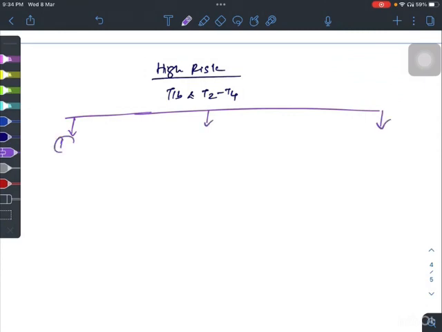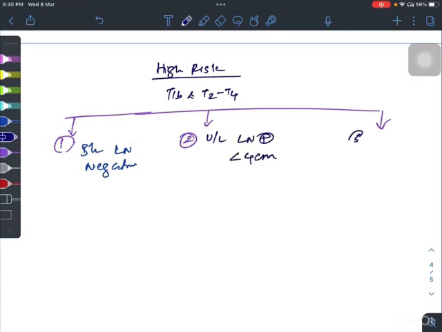The first possibility is that bilateral lymph nodes are negative. The second possibility is that unilateral lymph node is positive but it is less than 4 cm. The third option is that bilateral lymph nodes are positive but it is less than 4 cm.